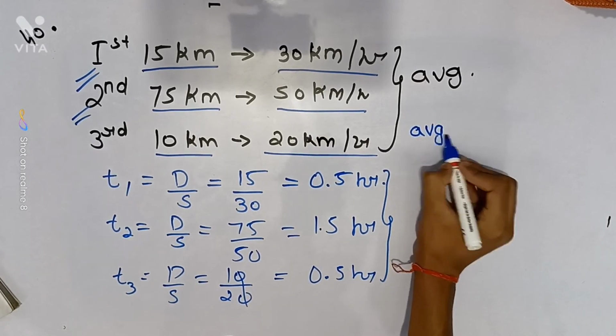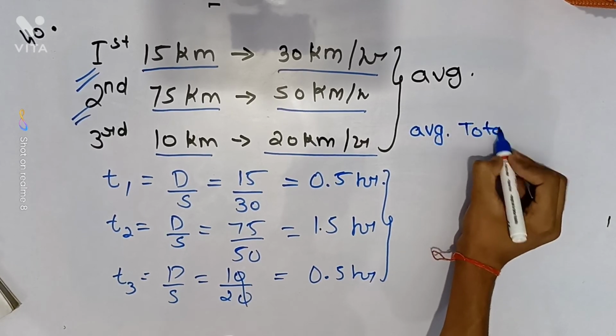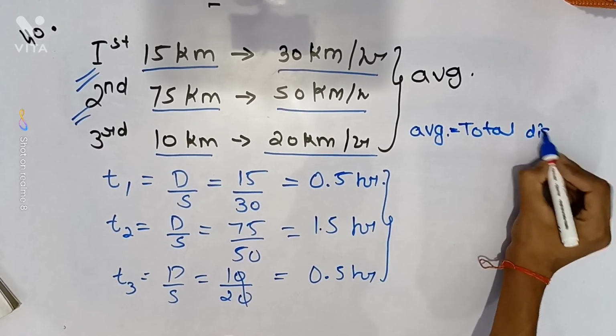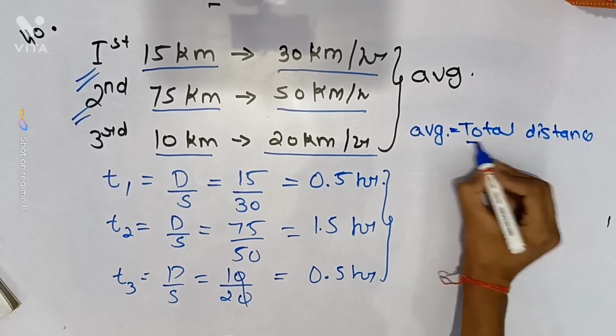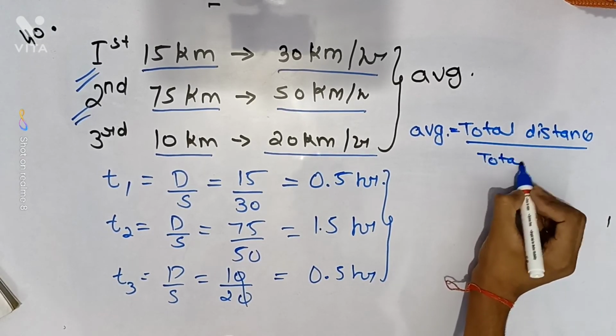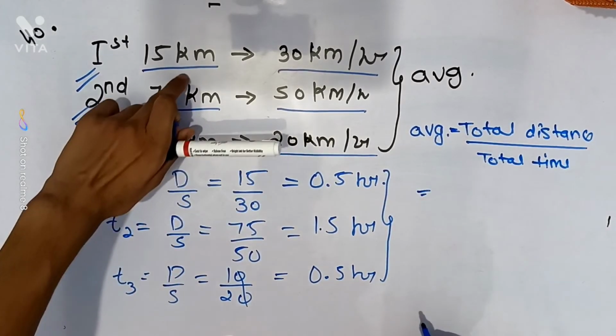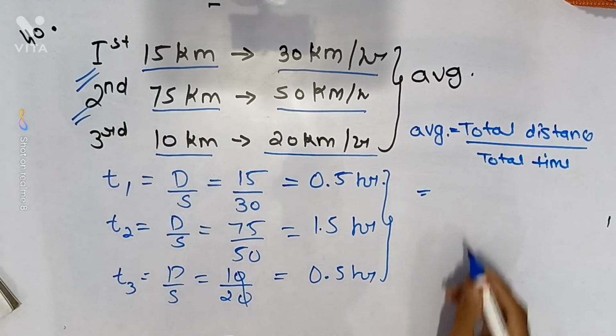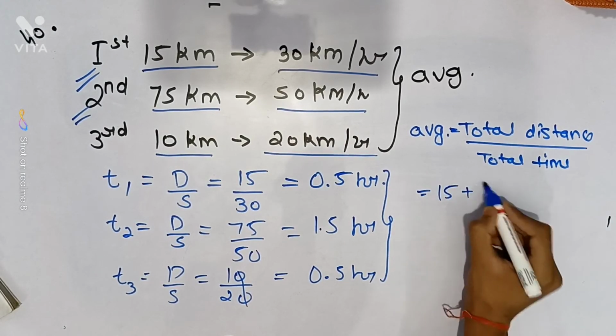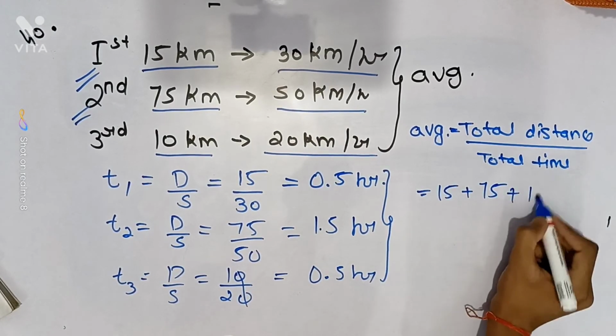Average formula is total distance upon total time taken. Total distance we know: 15 plus 75 plus 10.